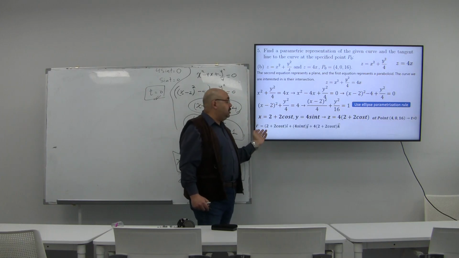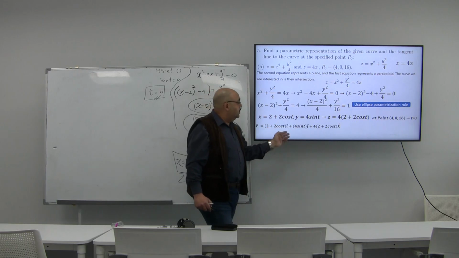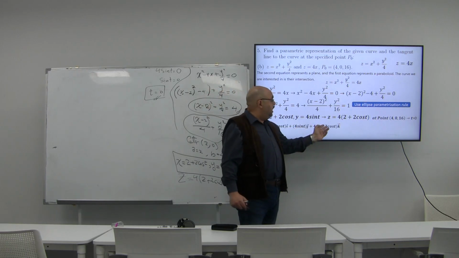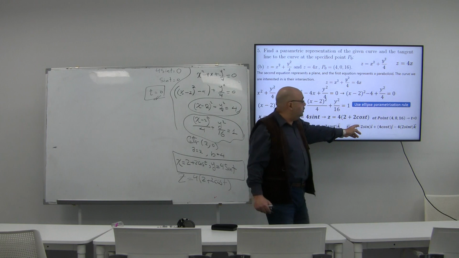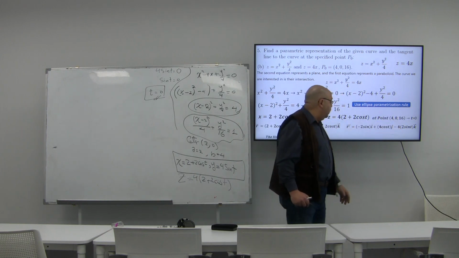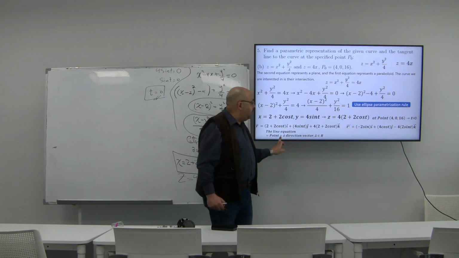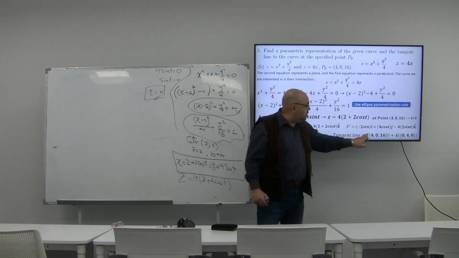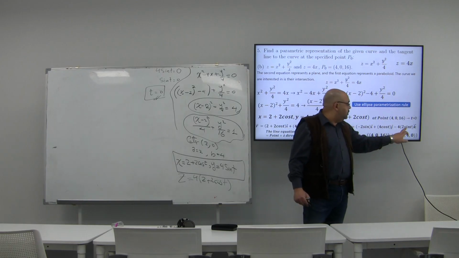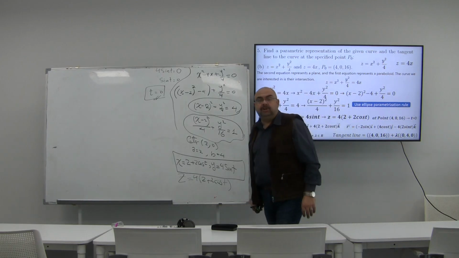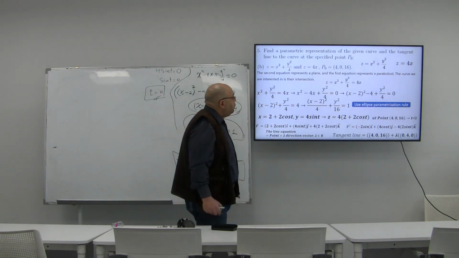I can get r dash simply by differentiating r. So it's going to be negative 2 sine t, 4 cosine t, and negative 8 sine t. That's r dash. Now substituting t by 0, I will get the vector. Now I can write the equation of the line. That's the point. And once you substitute t equal to 0, this is going to be 0, this is going to be 1, this is going to be 0. So this is the main equation of this tangent line.